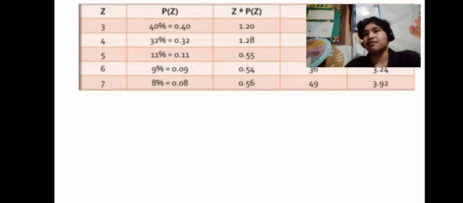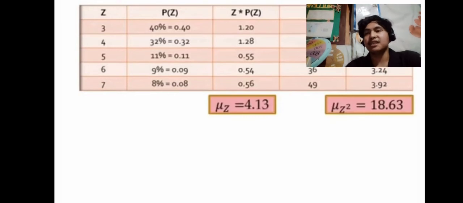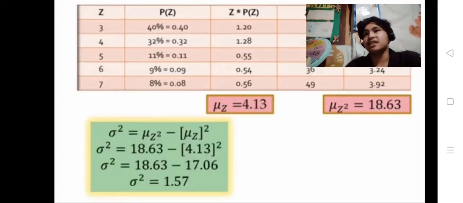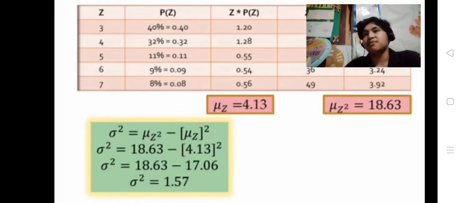After finding those values, in the z squared multiplied by p of z column, we would have 3.60, 5.12, 2.75, 3.24, and 3.92. Now, as we've already found previously, the mean would be 4.13, and after adding the z squared multiplied by p of z, we would have 18.63.